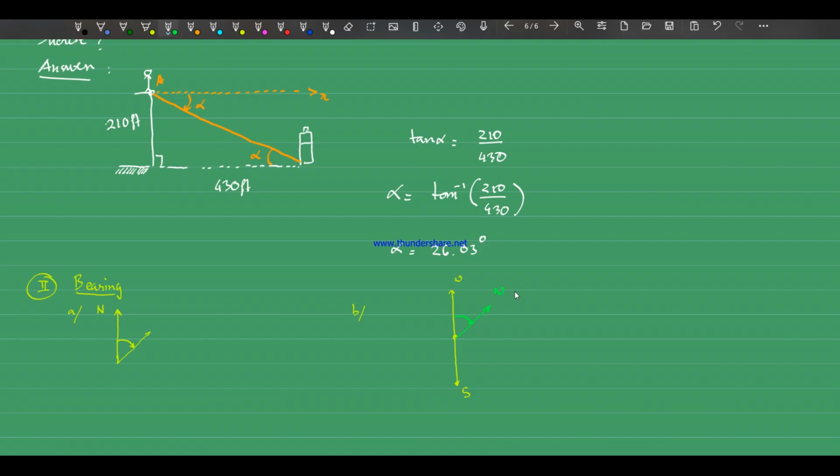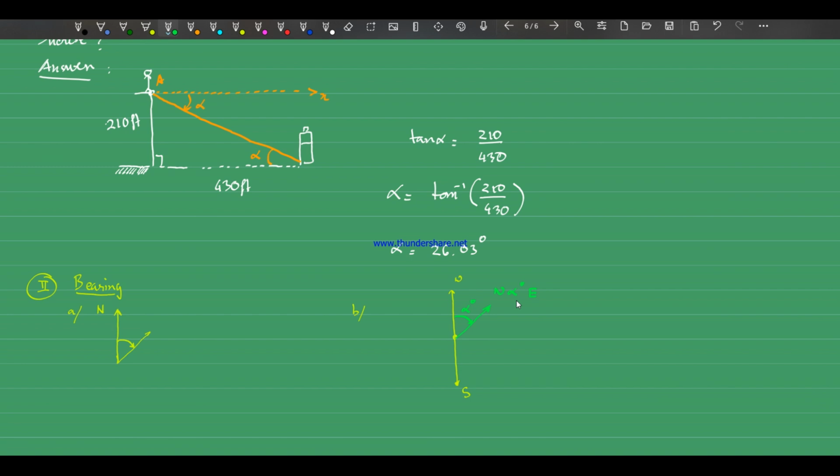North of east. I can say north alpha degrees east.